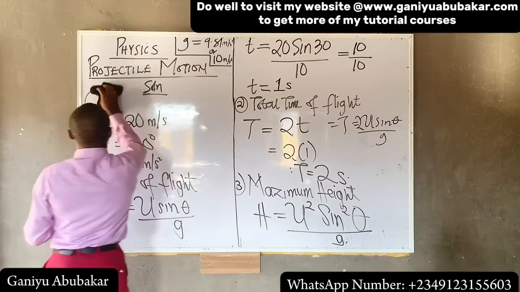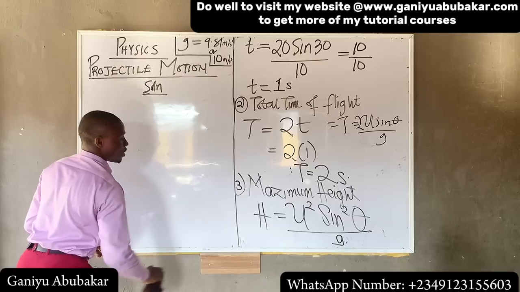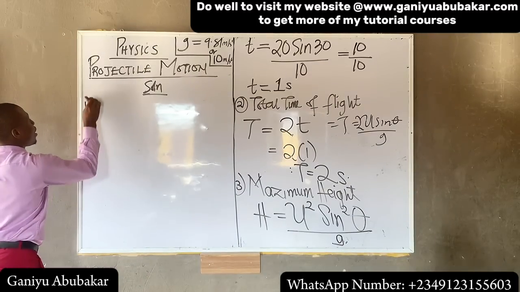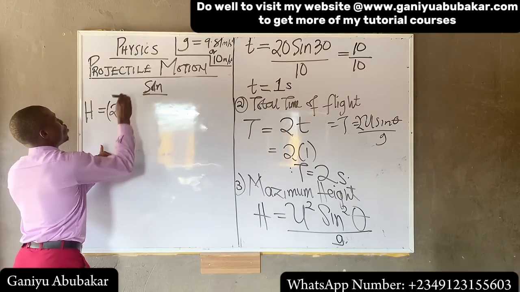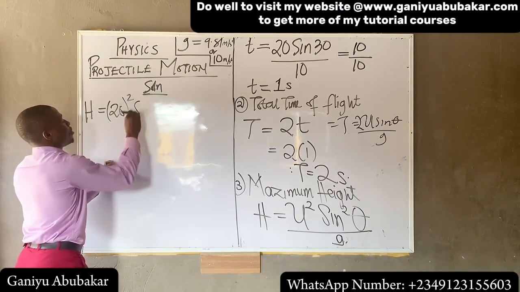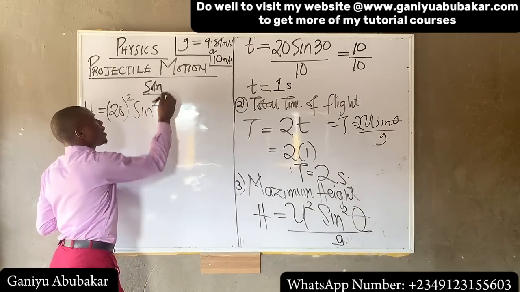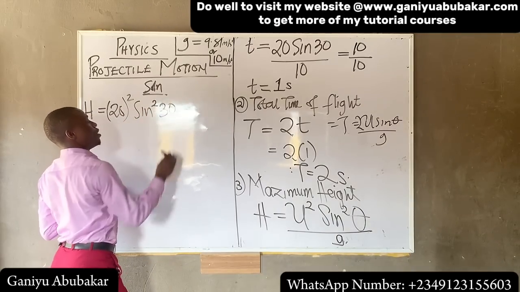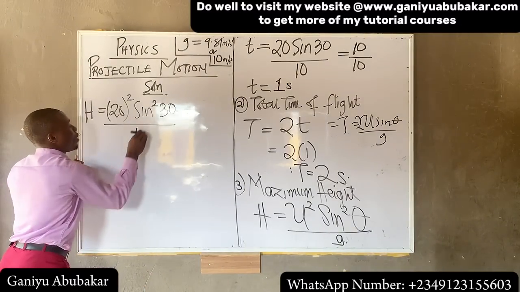Put in values. Capital H equals 20 squared, sine squared of 30, over 10.